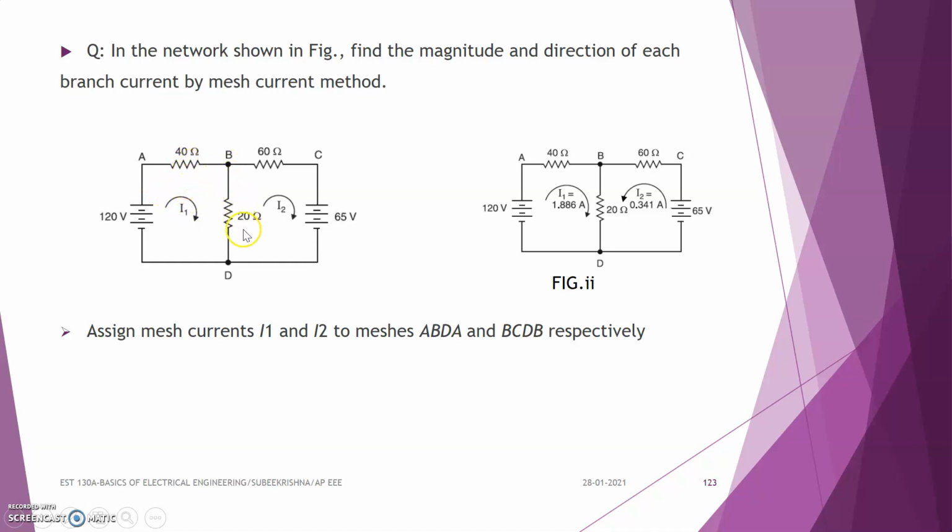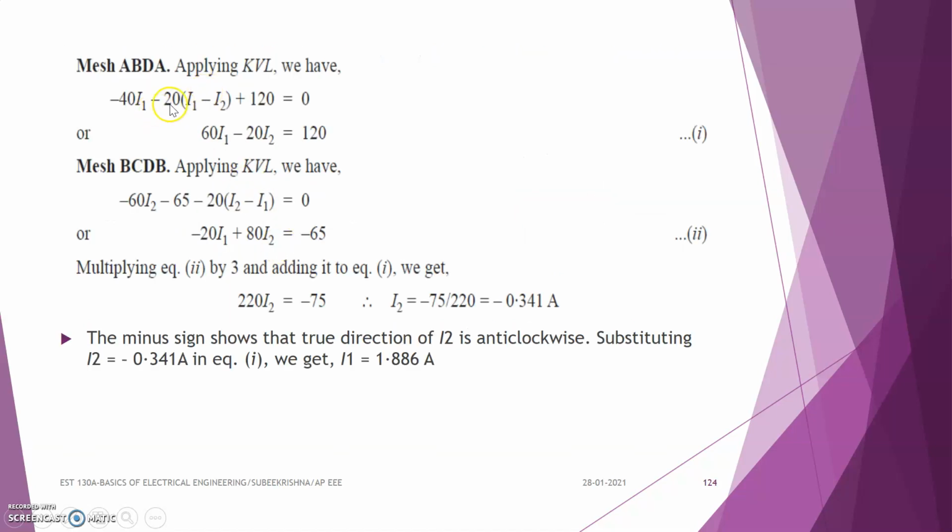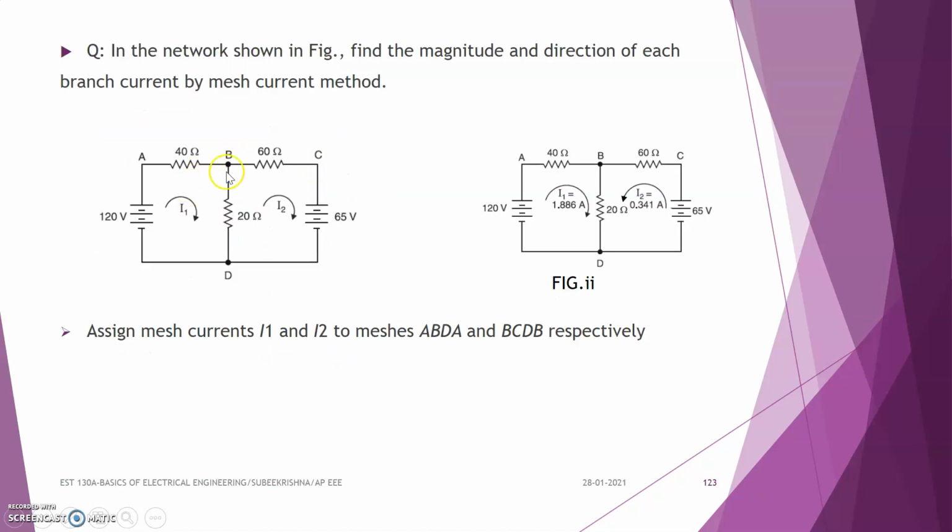The third one is the 20 ohm resistance. Both I1 and I2 flow through this 20 ohm resistance, so we take the value as minus 20 into (I1 minus I2). One current is flowing downwards and another is flowing upwards, so I1 minus I2.